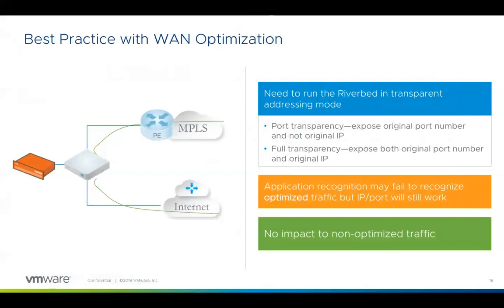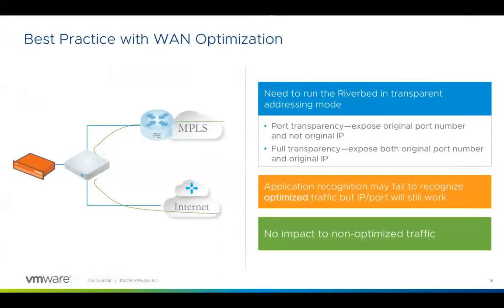The reason is that only in port transparency or full transparency mode will we be able to use our application recognition engine, or DPI, to actually recognize the optimized traffic and then steer it correctly. And that's also the way we do QoS, based on applications and service class, and not just on priority.